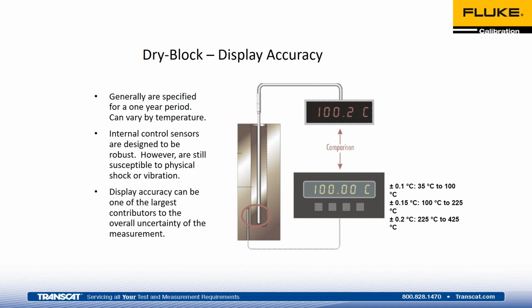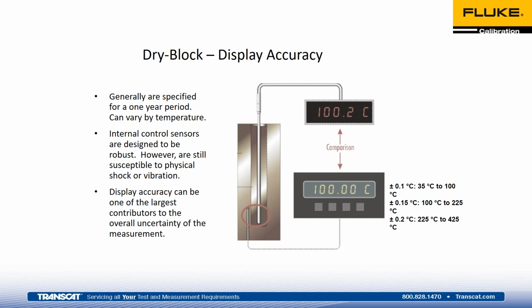With some of our hotter units, some of the metals that are used are brass and bronze, and they can be a little heavy, so you do not want to just put the insert into the well and allow it to drop down. You always want to gently place them in there, and this helps preserve the display accuracy of the unit for a longer period of time.